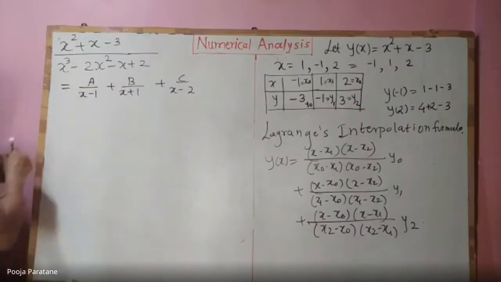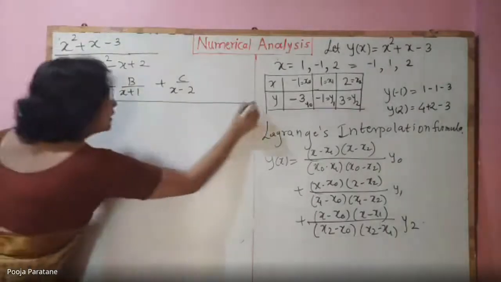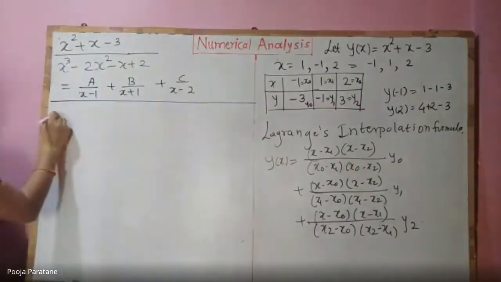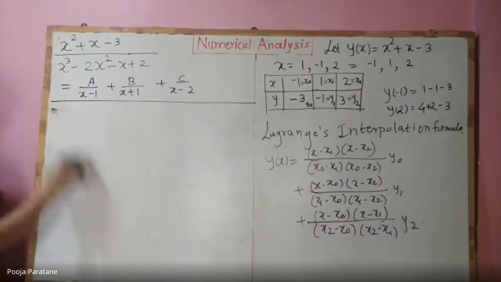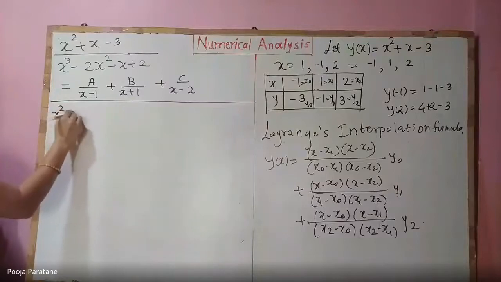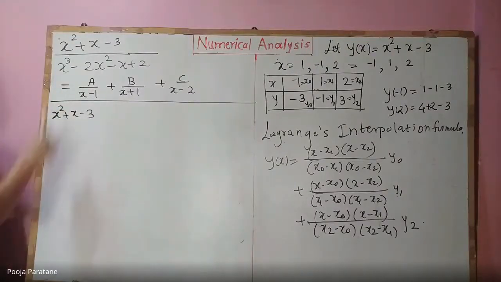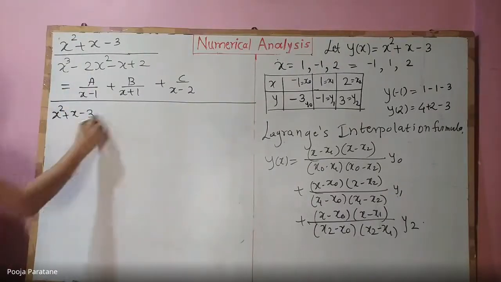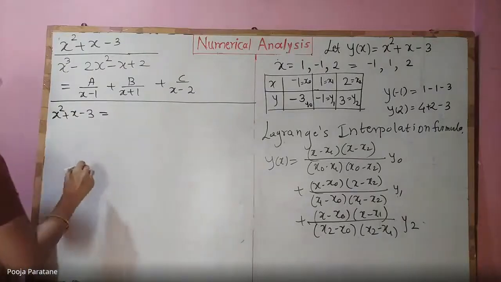Let it be for the sake of convenience. I will write it here. Now let me write what my y(x) is. So y(x) is x square plus x minus 3, the numerator, equal to, substituting the values.